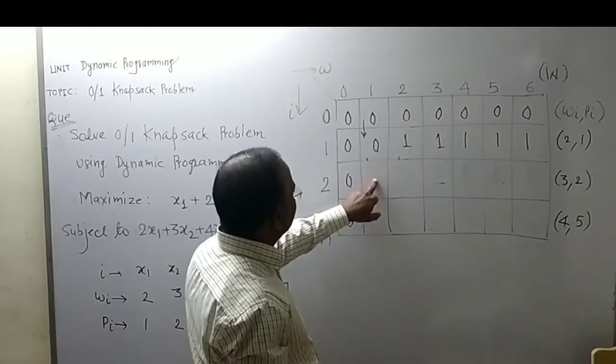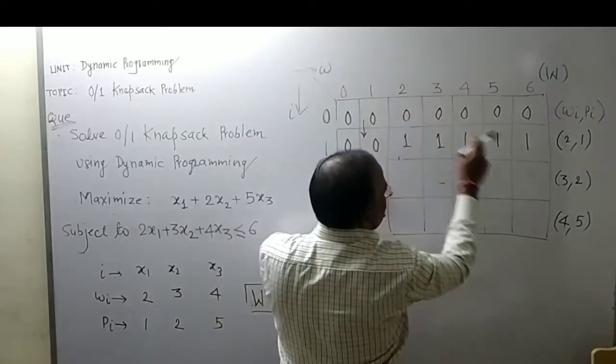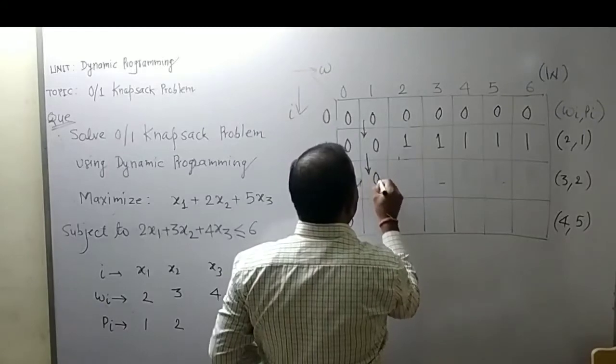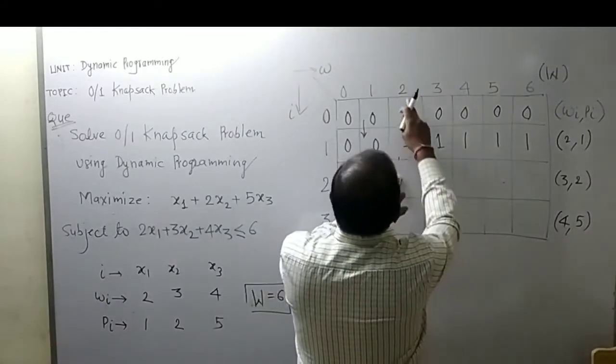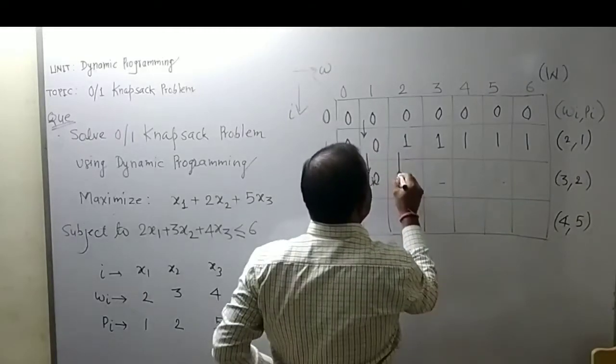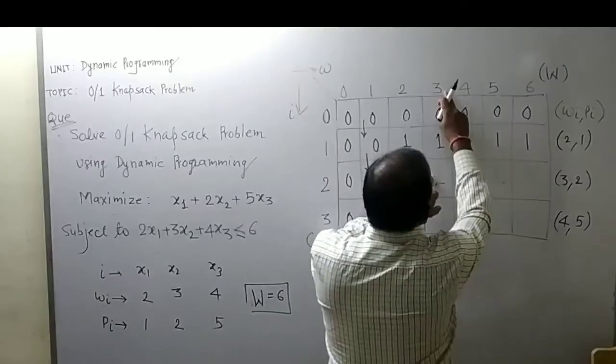Now try to fill the values here. First check the condition: is 1 less than 3? Yes, the condition is true, take the upper value as the value for this cell. Then 2 is less than 3, the condition is satisfied, then take the upper value as the value for this cell. And is 3 less than 3?